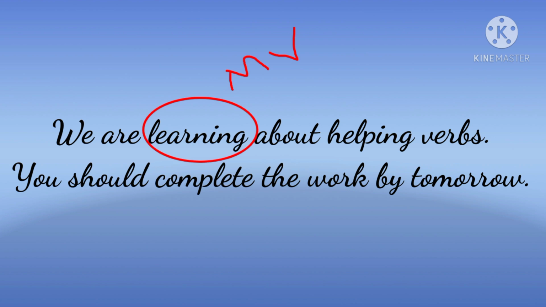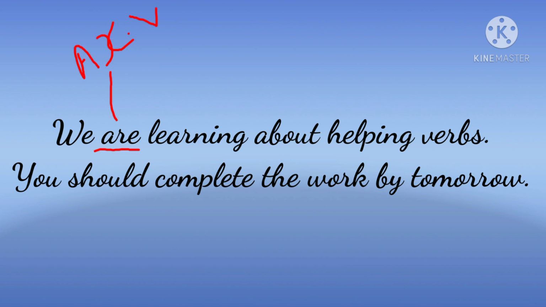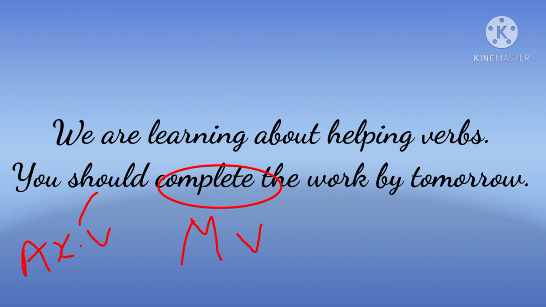Which word is supporting or helping the main verb here? Yes. Which word? Are. So are is the auxiliary verb here. Take the second sentence. You should complete the work by tomorrow. Here the main verb is complete and the auxiliary verb is should. Okay.